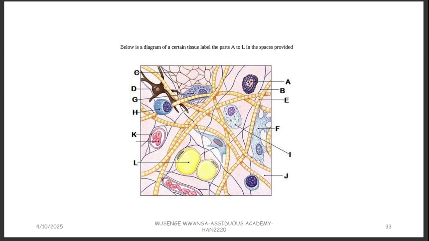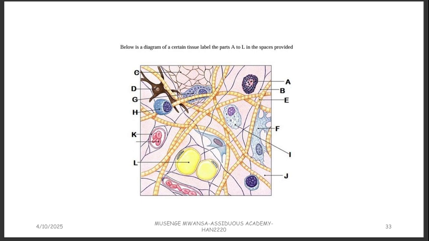I is a free macrophage. And then H. Anyone? What is H? So H, those are plasma cells. That's a plasma cell.